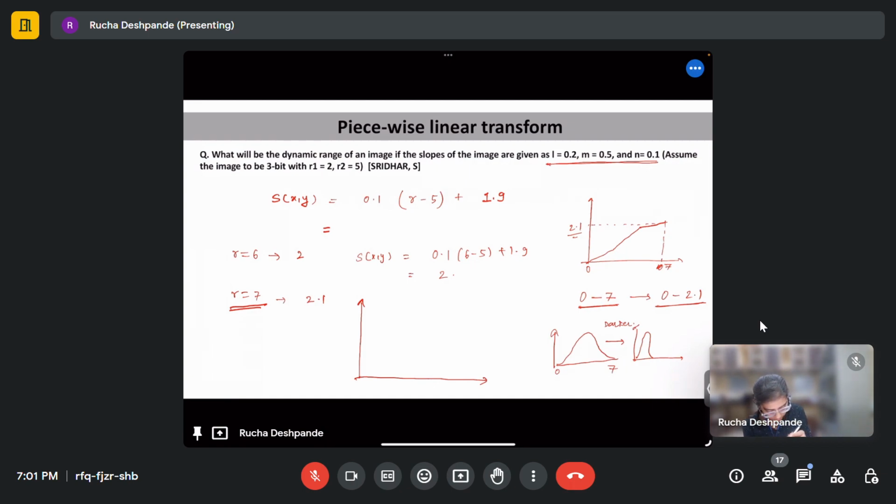Now suppose my image was spanning only 0 to 5, and my slope is greater than 1, and like this in different ranges.